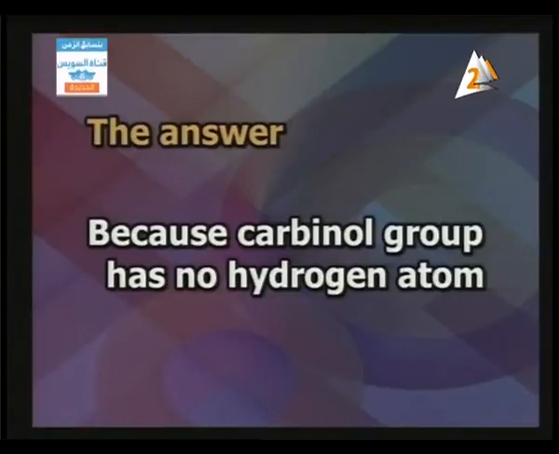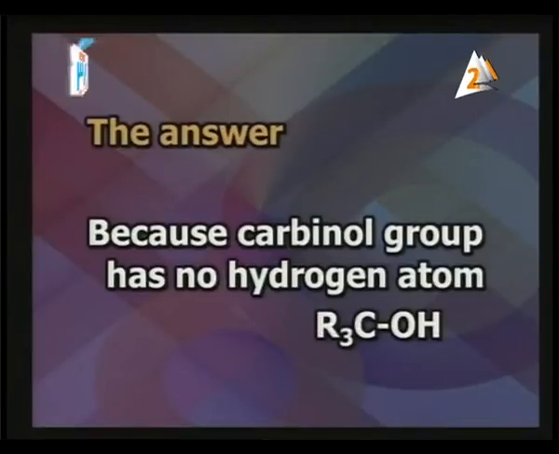The carbonyl group means C double bond O. So this group has no hydrogen atom. For this type of compound, we have R3C-OH. So it is the carbon here that has no hydrogen atom to bond with it.